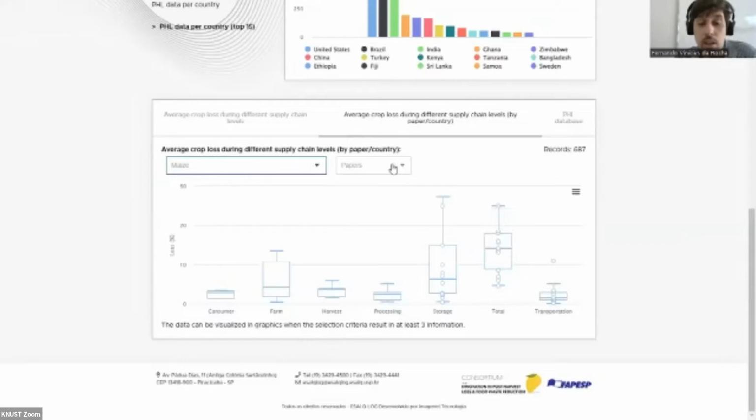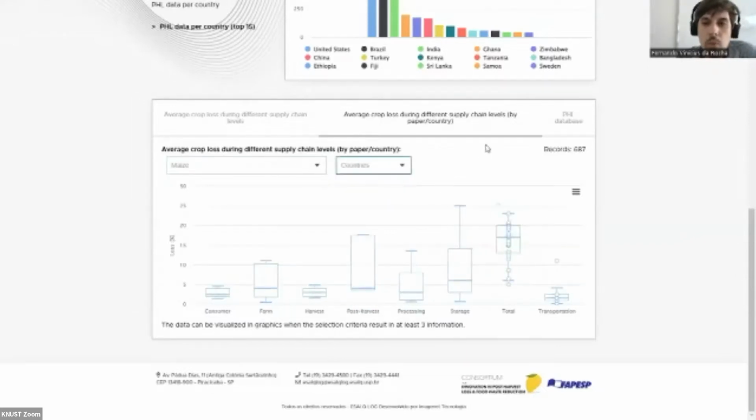You can select and see this analysis by paper or by countries. So it's another tool option to explore the data.